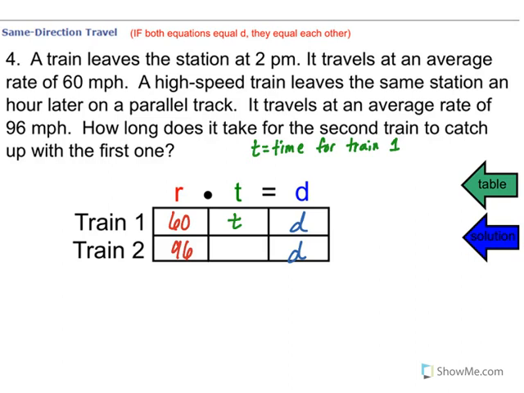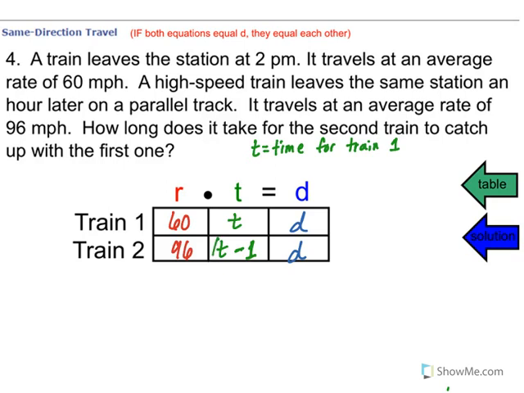So if train 2 left an hour later, then it only took an hour. So it took train 2 an hour less time to get there. So I take the time for train 1 and I subtract 1. And so that will give me the time for train 2.